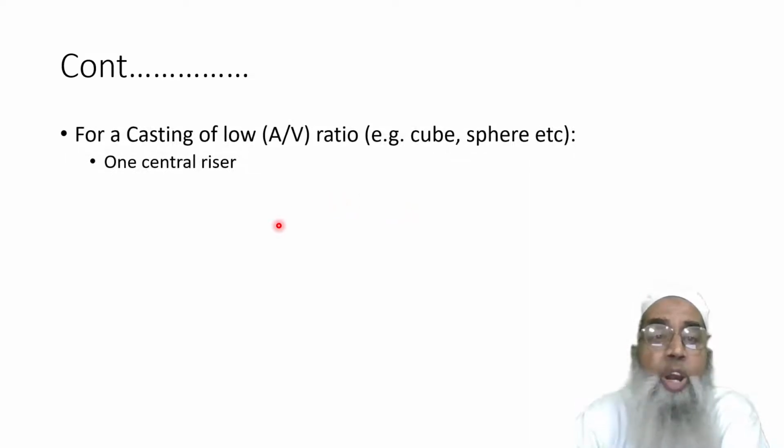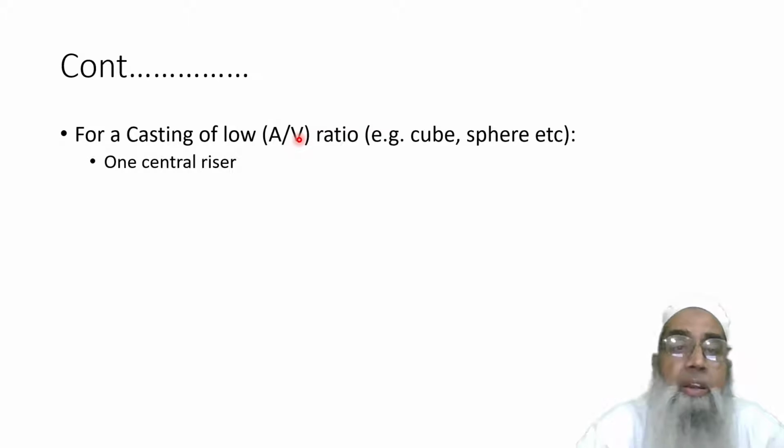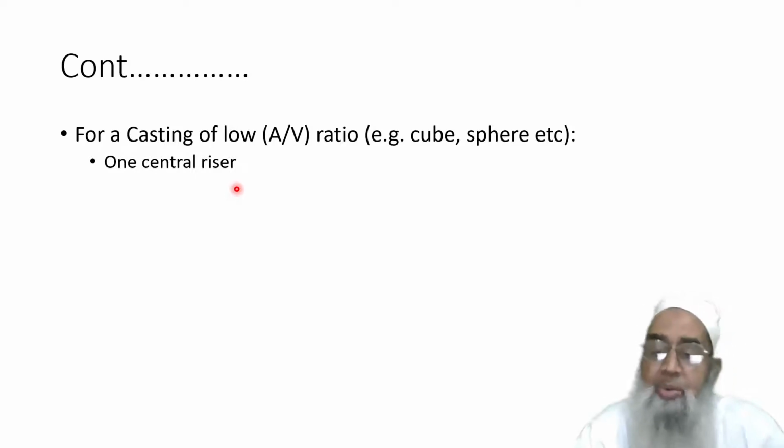Now, for a casting of low A by V freezing ratio, for example a cube or sphere, one central riser is sufficient.